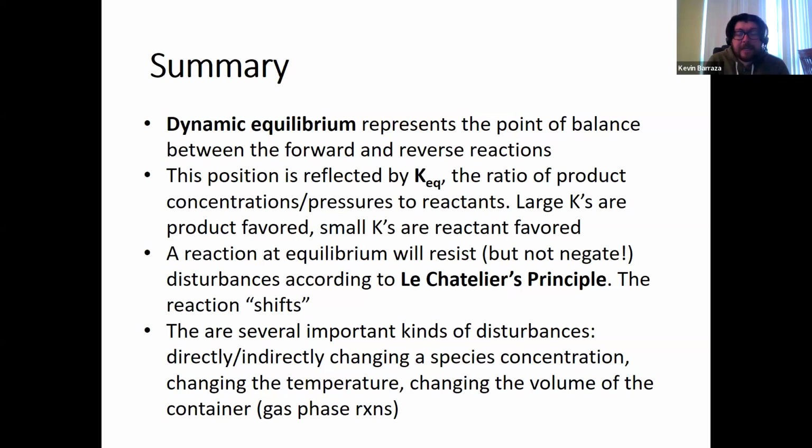So we talked about the K, the equilibrium constant, which is a special ratio. It is always the same for the same reaction at a given temperature, regardless of initial conditions. You will always reach the same finish line, this ratio of products to reactants. That's why it's called an equilibrium constant. And Le Chatelier's principle: if we disturb a reaction, then the reaction will shift so that it compensates, but never undoes that change completely.